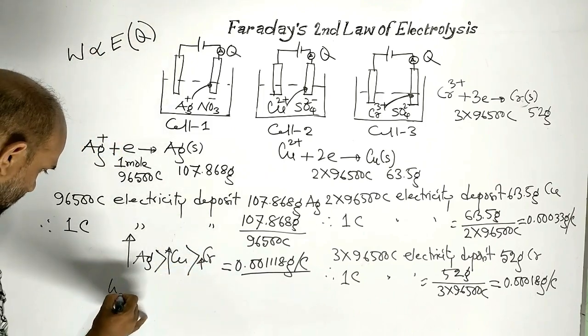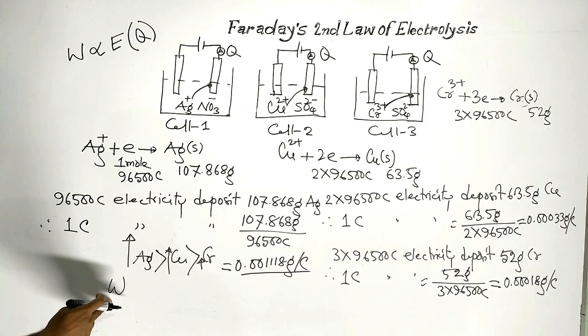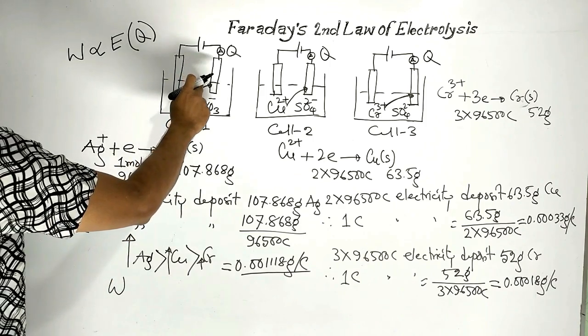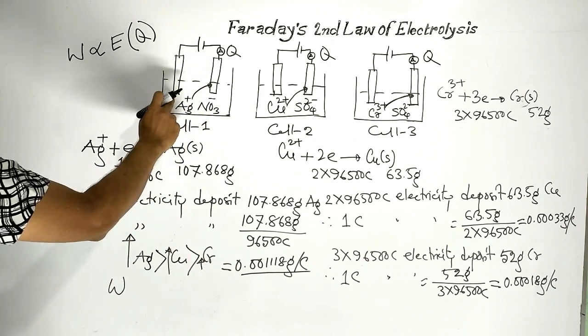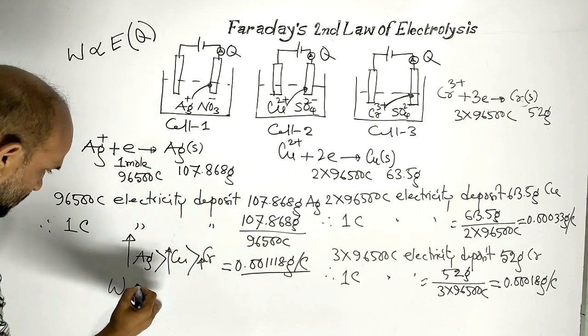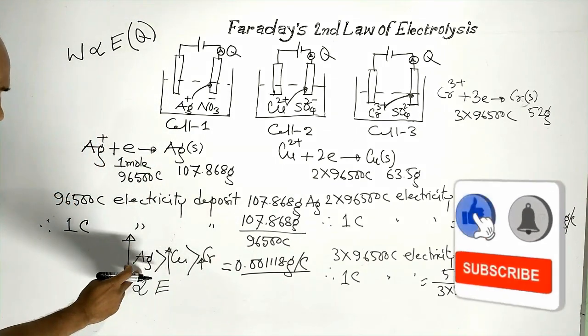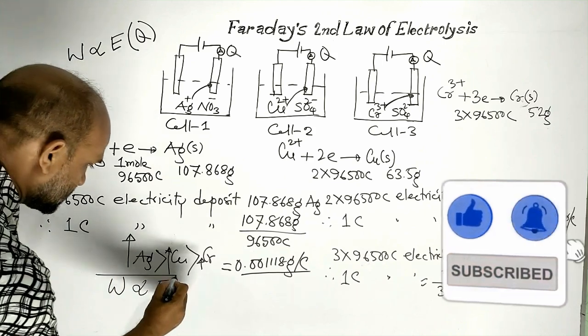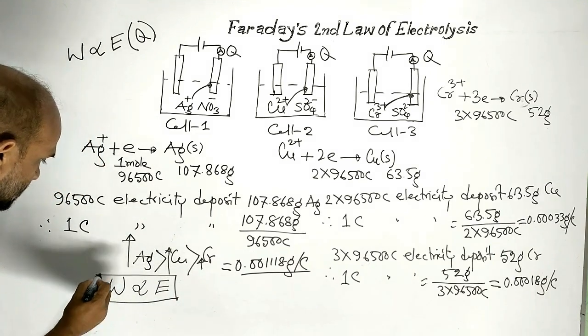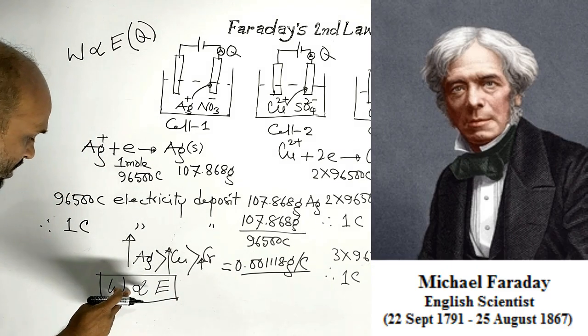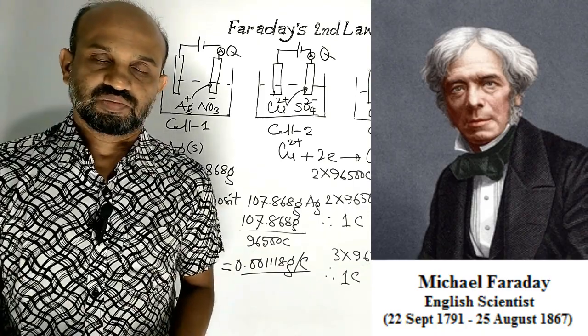That is, the amount of substance deposited at the cathode or dissolved from the anode is directly proportional to the chemical equivalent of the elements, which is Faraday's second law of electrolysis, named after English chemist Michael Faraday.